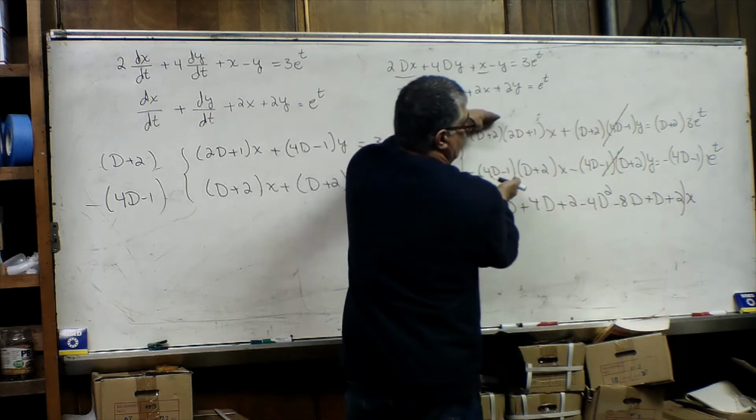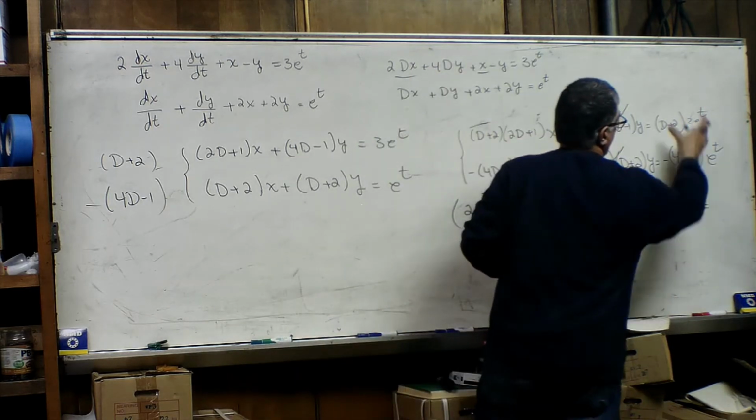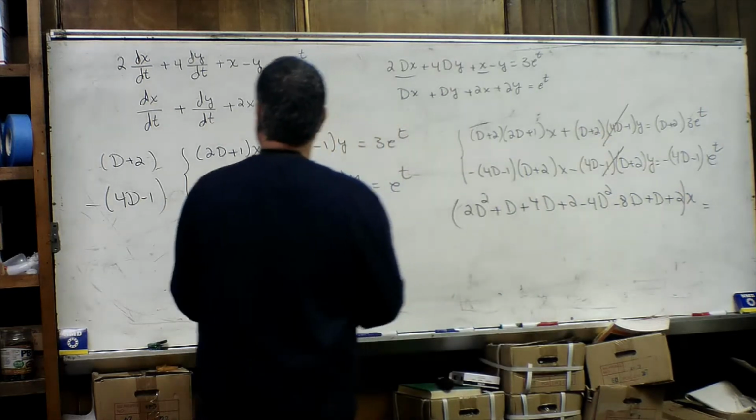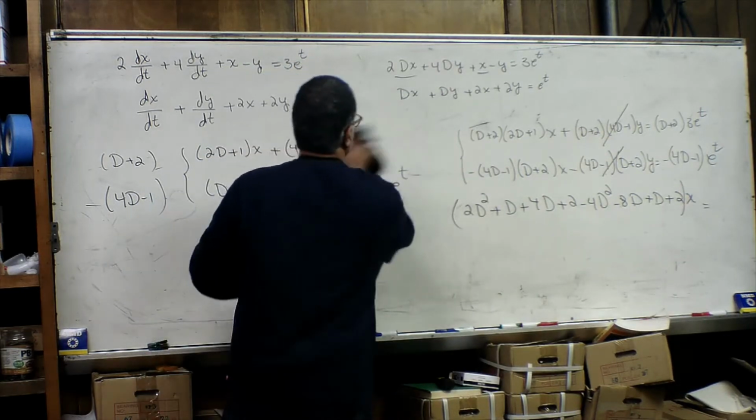We add these two portions, and that is equal to the sum of the right sides. Let me simplify that a little bit more.